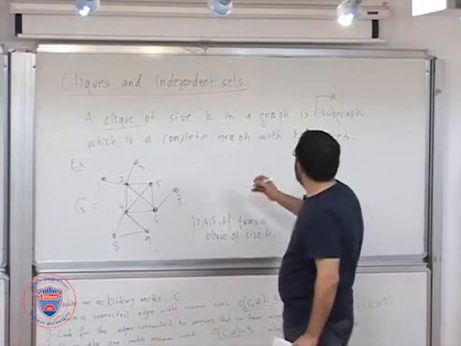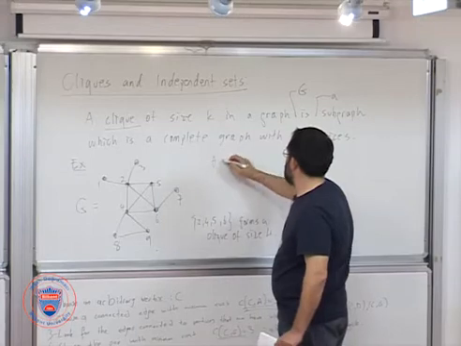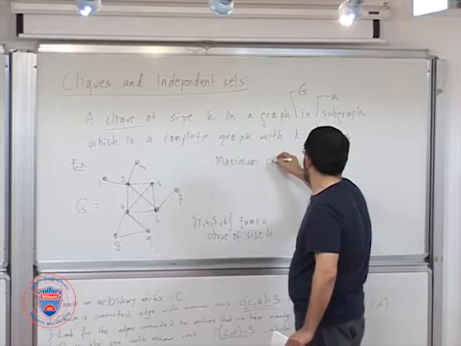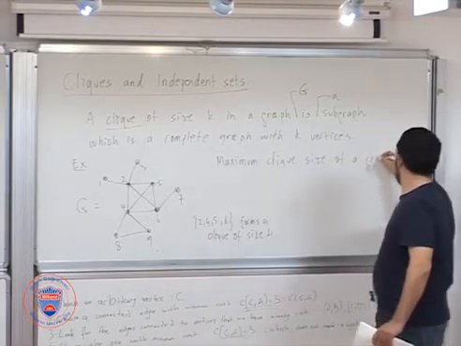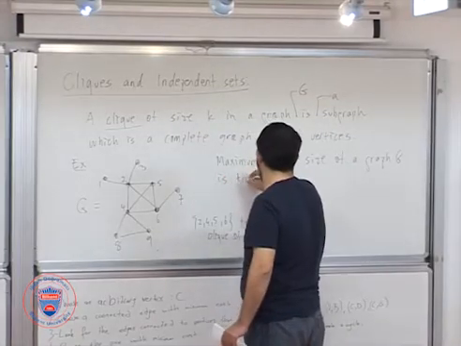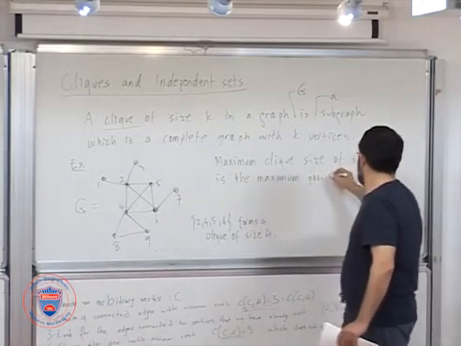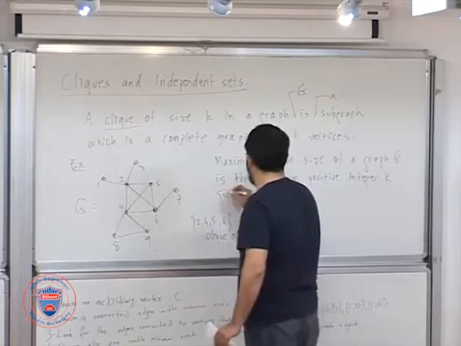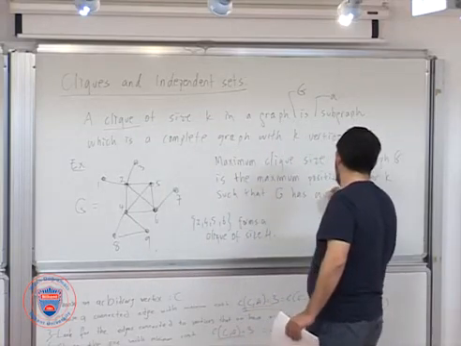Now we define maximum clique size. For a graph G, the maximum clique size of G is the maximum positive integer k such that G has a clique of size k.